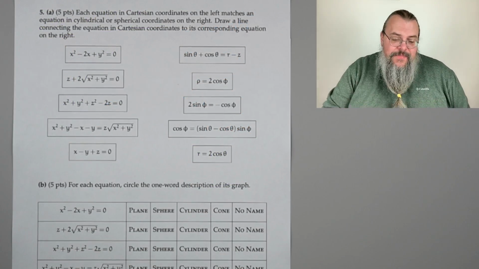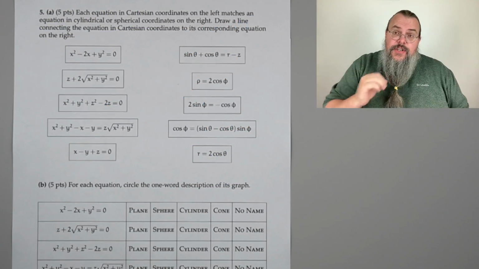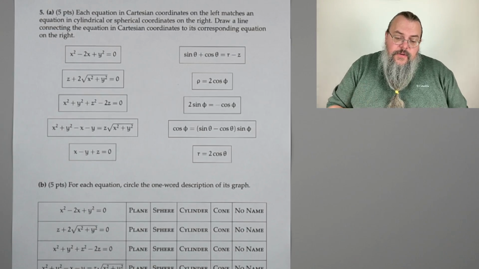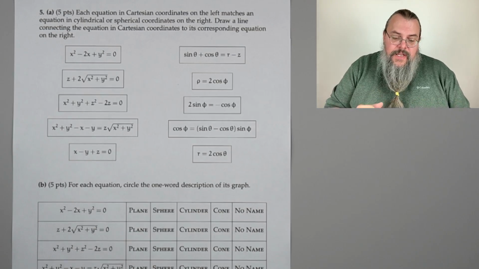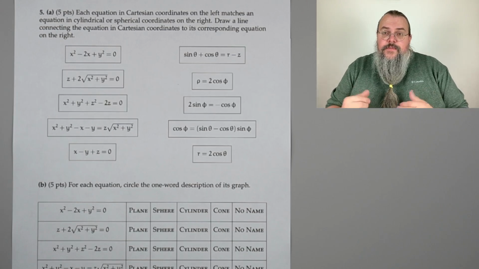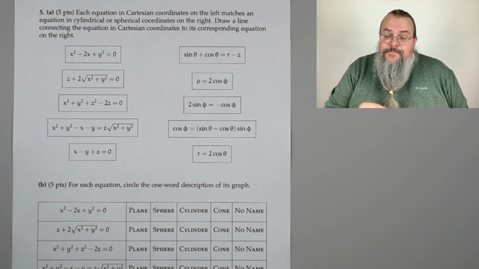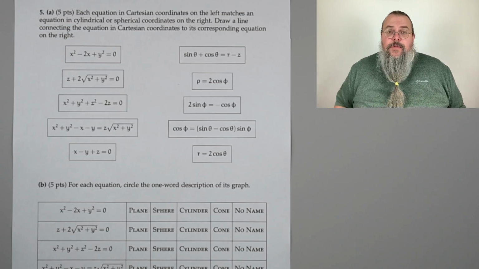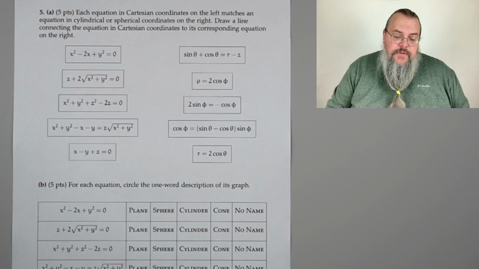Number 5. Each equation in Cartesian coordinates on the left matches an equation in cylindrical or spherical coordinates on the right. Draw a line connecting the equation in Cartesian coordinates to its corresponding equation on the right. Okay, so we're playing a matching game. Now you have to think about what things are and how to represent them.